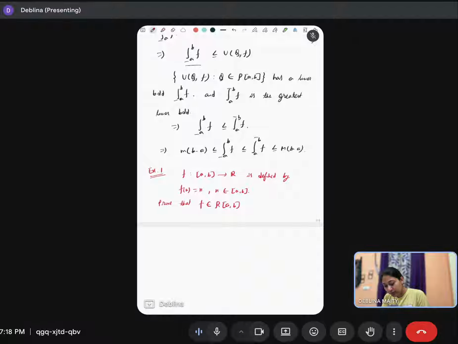So we have to prove this by showing both the upper sum and lower sum are equal. Okay.